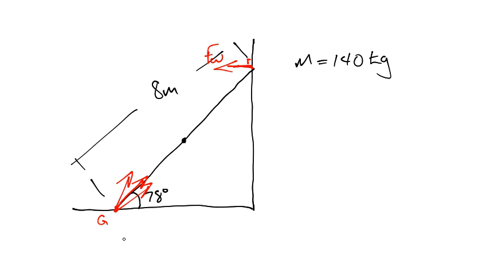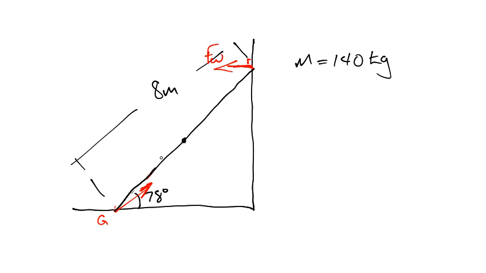There is absolutely no reason why the force vector has to be in the direction of the ladder. So I'm going to take a guess and say it's this internal angle here. Oops, wrong color. So there's my ladder, and there's my force.